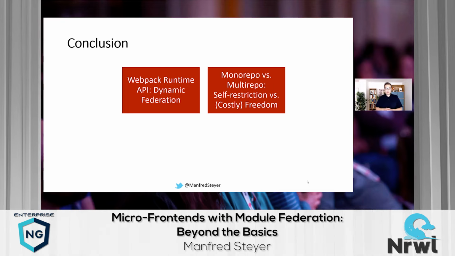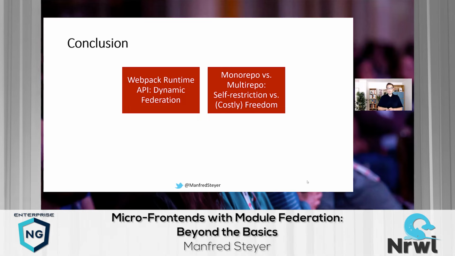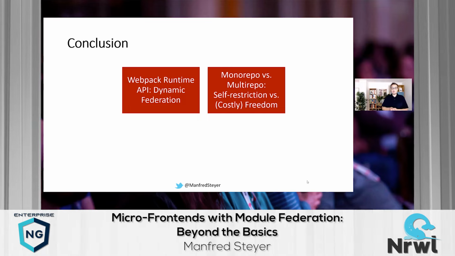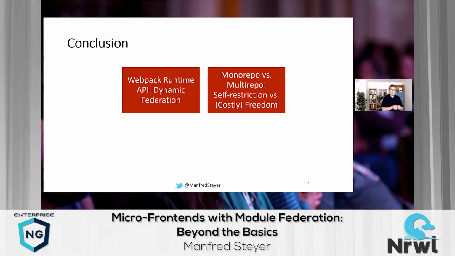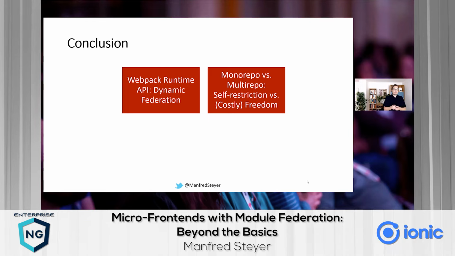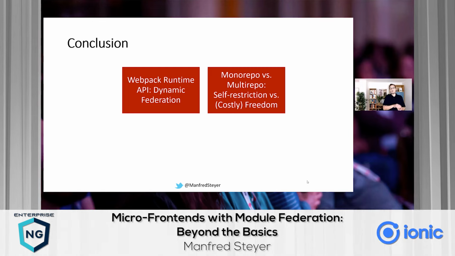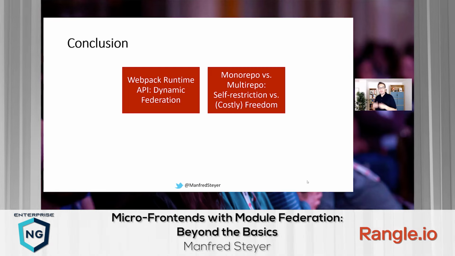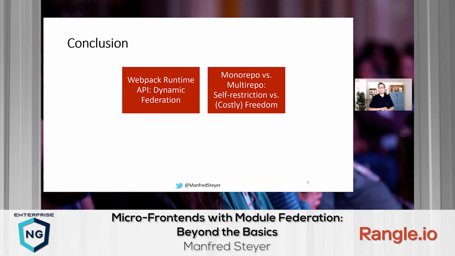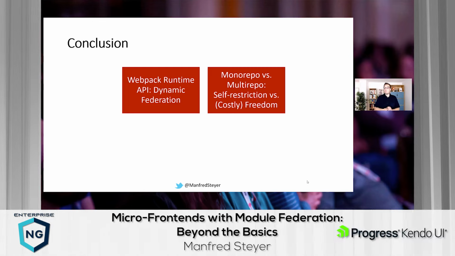We've also talked about the topic of monorepos versus multi-repos, and we have seen that if we go with a monorepo, then we are restricting ourselves a bit. But because we are restricting ourselves a bit, we cannot end up with version conflicts that easily. And this shows that restricting yourself can be beneficial. Perhaps you don't even need all the freedom of multi-repos.